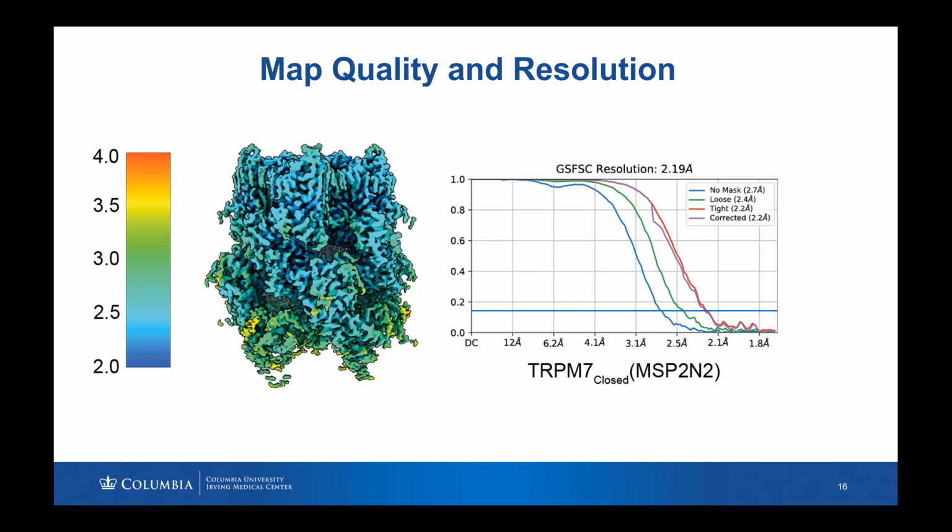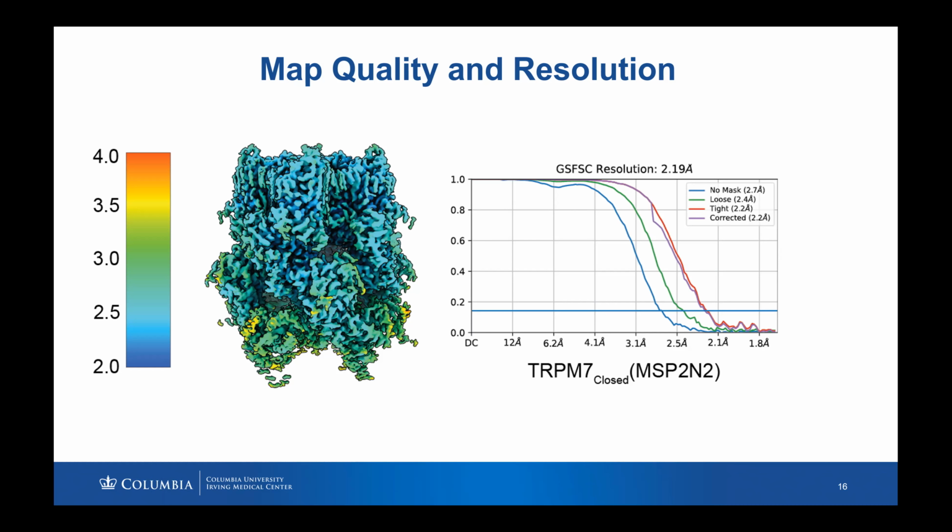So yes, we had a lot of problems. And on top of that, even with this trick, we ended up with relatively low yield, and there was not enough protein for us to try nanodisc reconstitution. But luckily, detergent worked well for us.